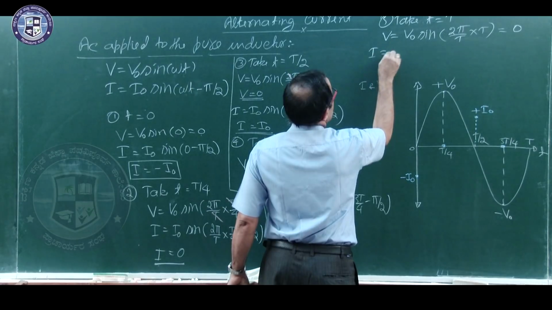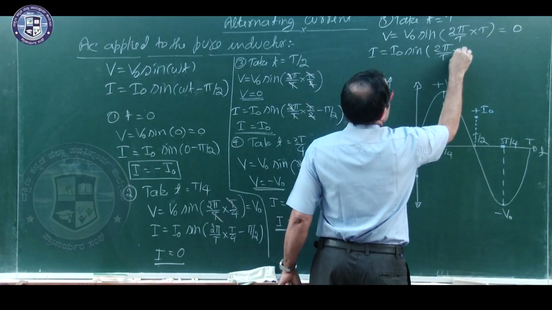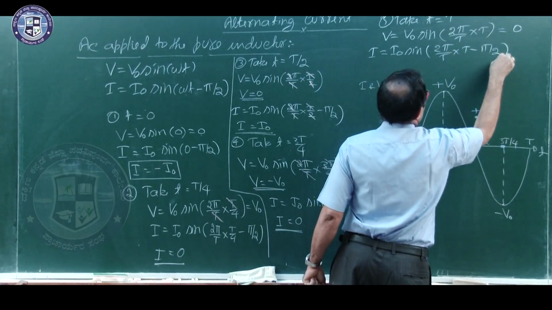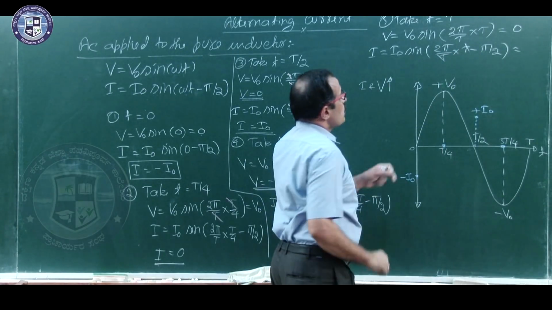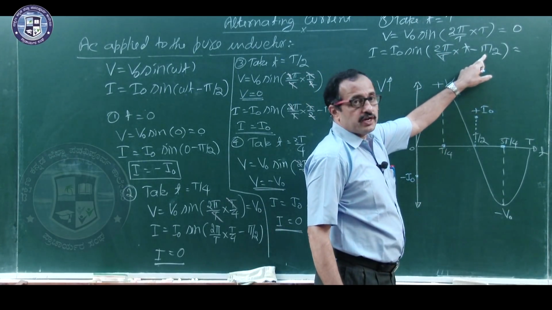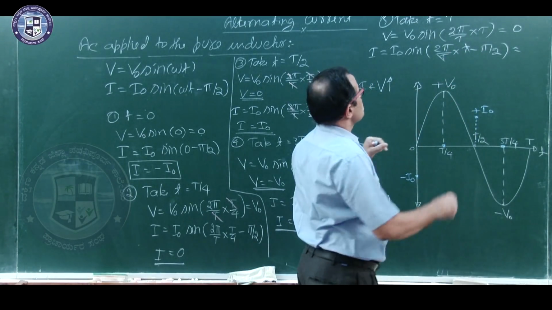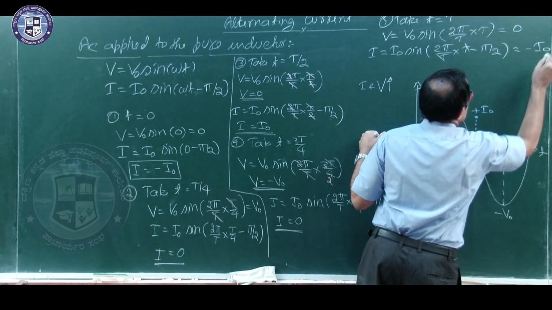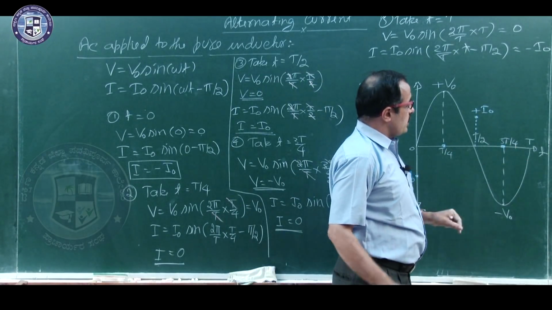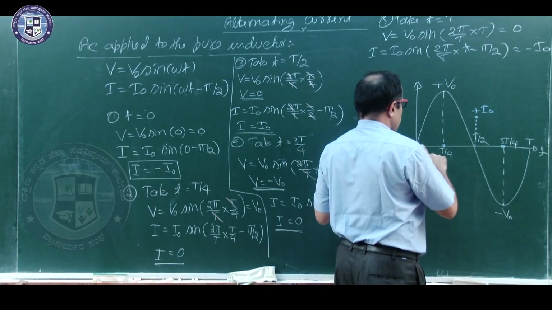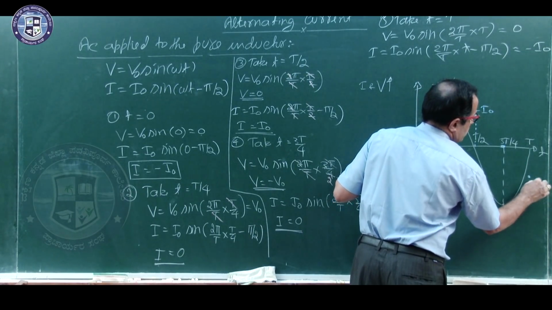Current I naught sin 2 pi by T into T minus pi by 2. T we can cancel. So, it is 360 degree minus 90 degree, 270. Sin 270 is minus 1. Therefore, minus I naught. Therefore, when time equal to capital T, voltage is 0, but current is negative maximum. So, here minus I naught.